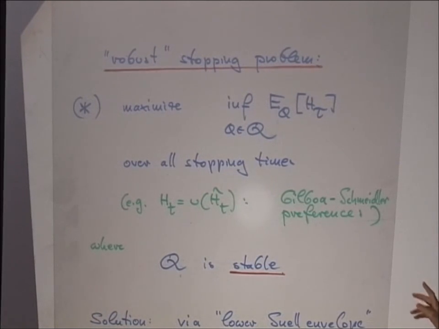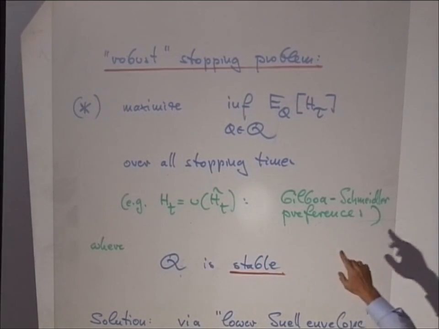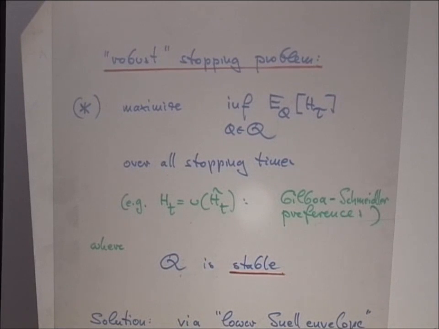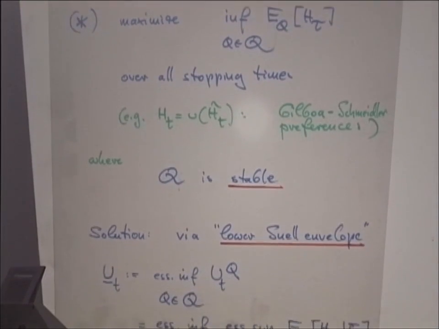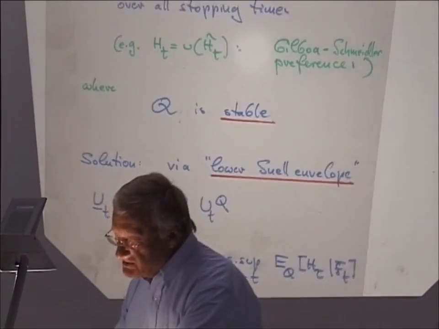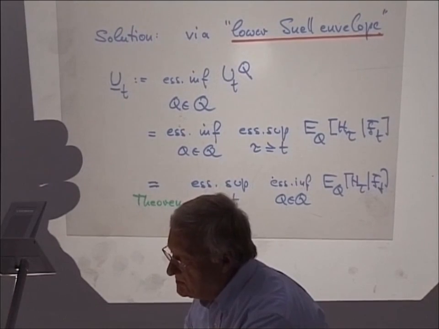For example, if we take the Gilboa-Schmeidler preference framework, which I sketched last time, we could even throw in a utility function, apply it to the monetary result, define this process, and then there would be a preference of Gilboa-Schmeidler type, and we would have formulated a stopping problem with respect to such robust preferences.